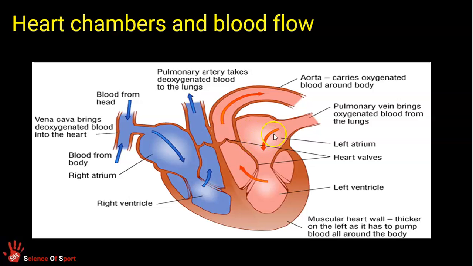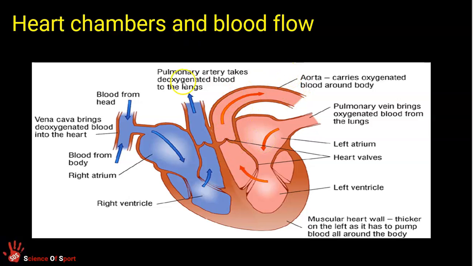The left atrium receives this oxygenated blood, passes it down to the left ventricle, this strong chamber, this thick muscular myocardium, which then ejects it up and out via the aorta to the systemic circuit. So that's really the flow of blood in the atria, down to the ventricles, and then up and out of the heart into the pulmonary artery and the aorta.